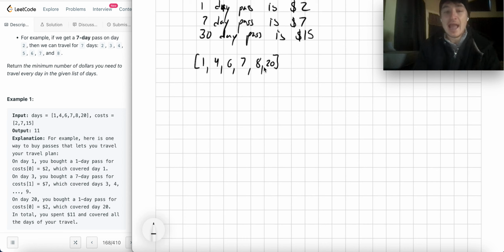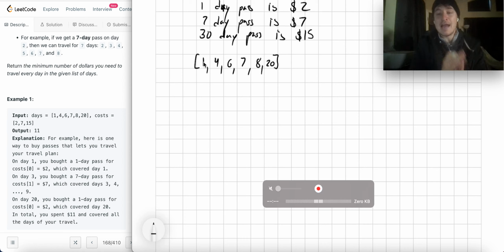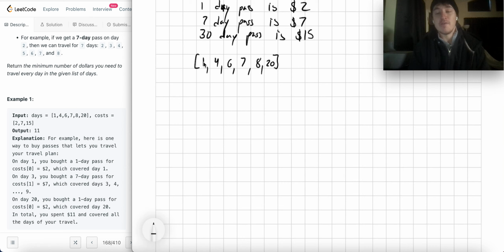So when I go on day 1, I'm going to have to buy a pass. Maybe it's better to buy a 1-day pass, a 7-day pass, or a 30-day pass, but regardless, if I don't have a pass on a day where I need to travel, I'm going to have to buy one.